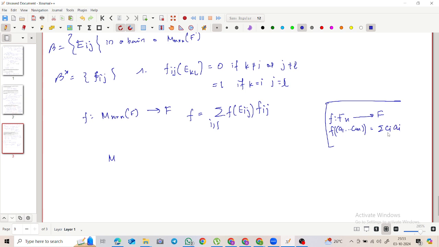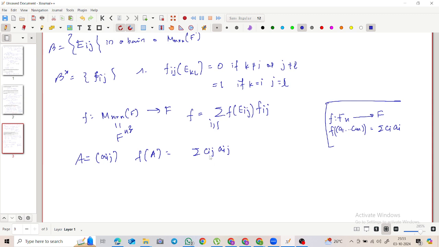We have actually done that, right? So if this is nothing but F to the power n square, so for any a_ij, f(a) is of the form summation c_ij a_ij, right? Right.